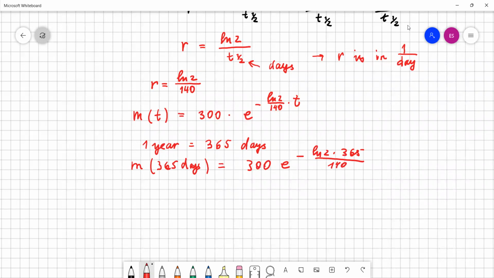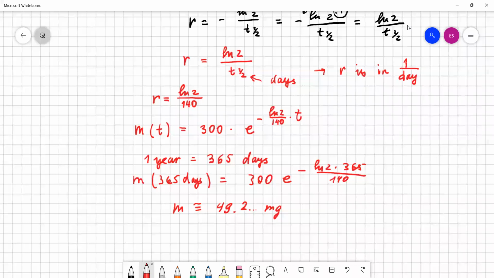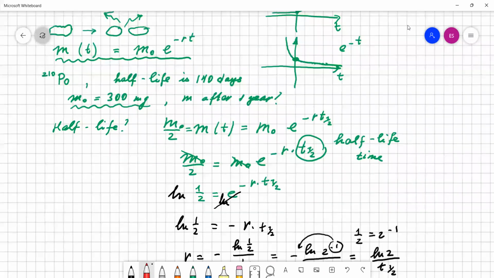Plug into the calculator, and I did this, and my mass comes out as approximately 49.2 milligrams. Why is it milligrams? Because the initial mass M0 was given in milligrams.